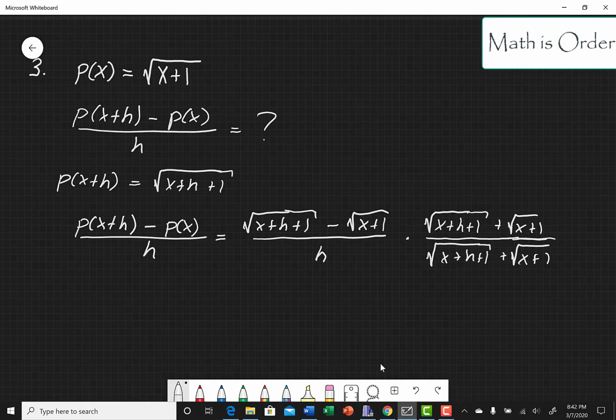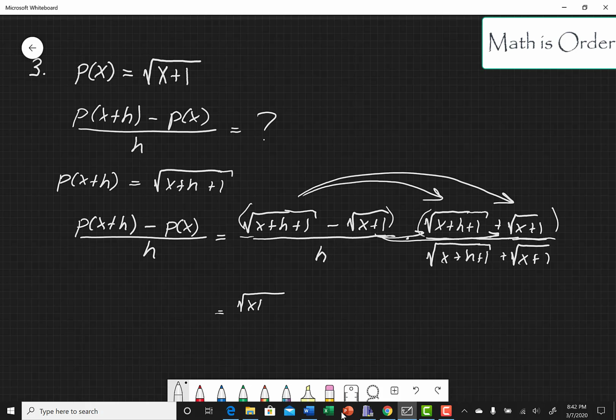All right, now when we simplify this, we're multiplying all of this to this. So we're going to do FOIL: first, outer, inner, and last. When we do that, we're going to have square root of x plus h plus 1, all squared.